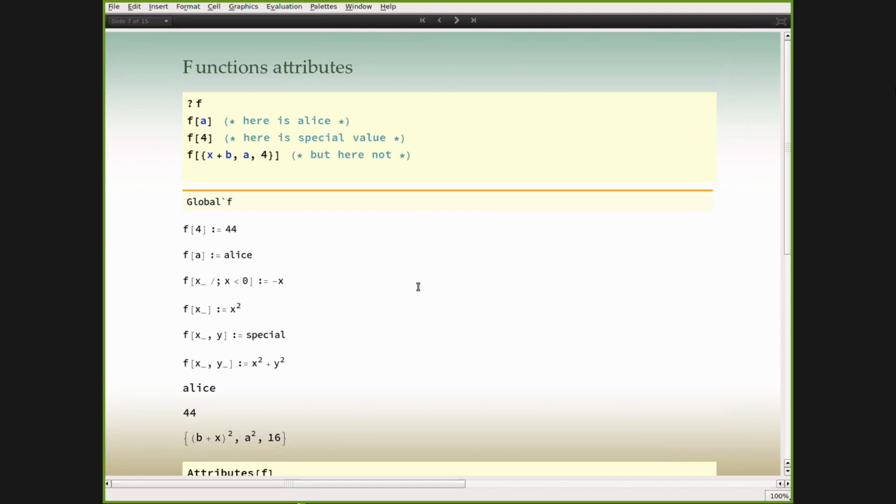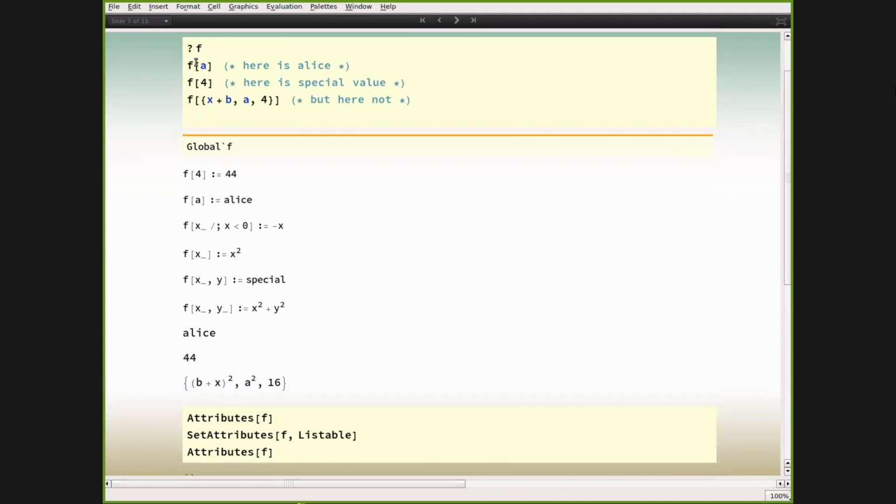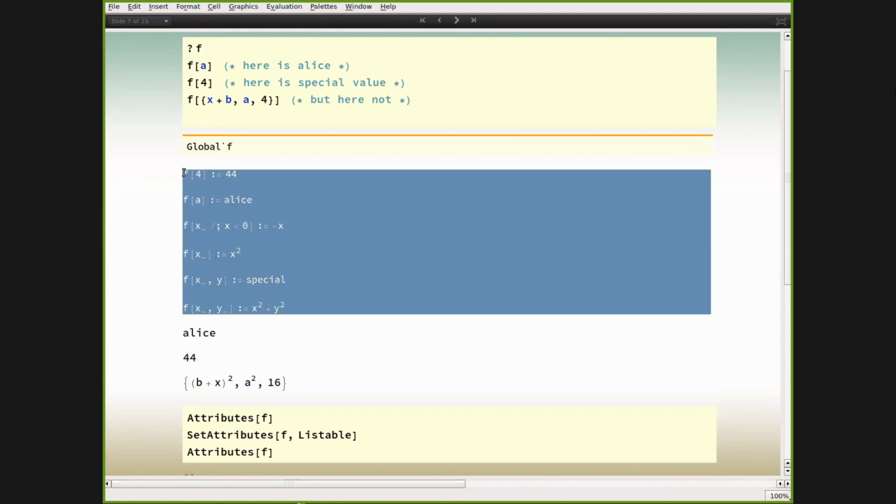Okay, and finally we can get to this part. Some minutes ago we had a question about whether your function can be made a listable function. So let's return to this example we already have. We have this function f, which has this long definition.